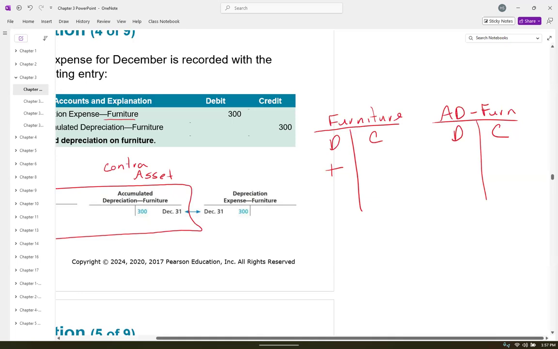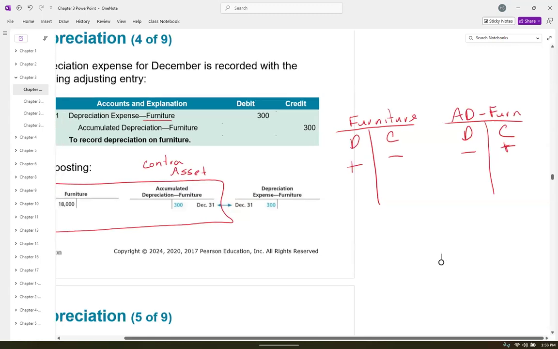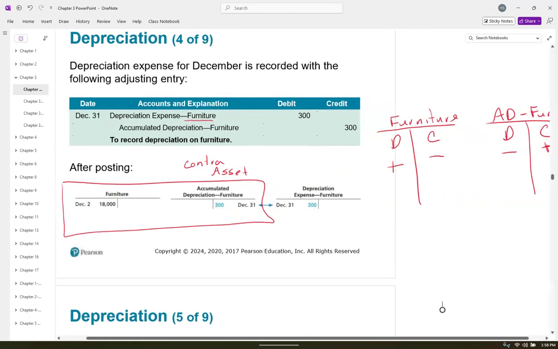What does contra mean? Just vocabulary. Contra means opposite, opposite of the asset. So the normal balance for accumulated depreciation is going to be a credit. What does that mean? To increase accumulated depreciation, we will credit that account. So we ended up with 18,000 in the furniture and 300 in the accumulated depreciation.